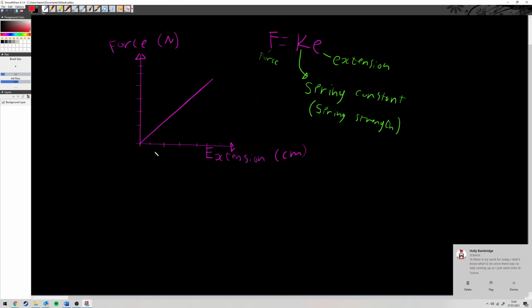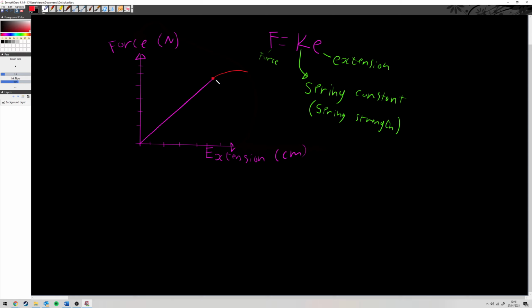Now, that point there, where this line stops being straight, has a special name. So I'm going to call this P for now, and underneath where I've got more room, I'm going to write what that is. So P equals the limit of proportionality.